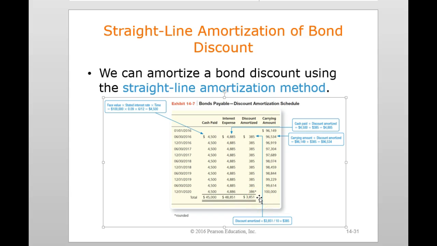So it's $3,851 divided by 10, or $385 each time we make an interest payment. So you'll have a little schedule to go by.